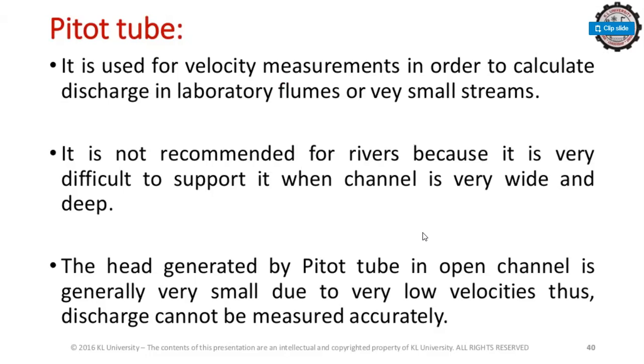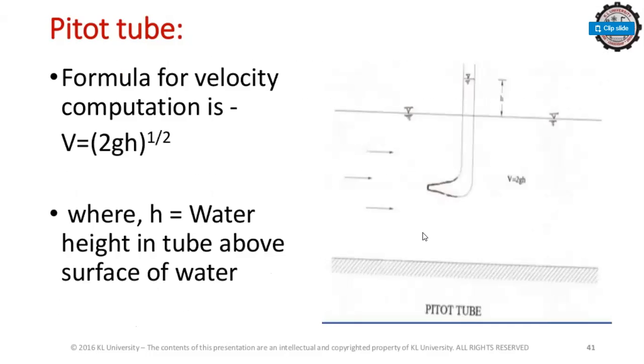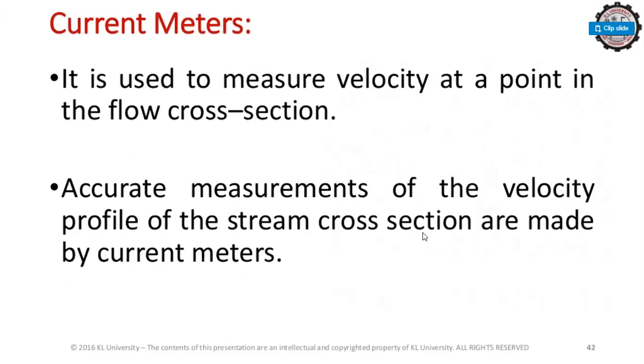The head generated by a Pitot tube in open channels is typically very small due to very low velocities. Thus, discharge cannot be measured accurately. Formula for velocity computation is V equals (2gH) to the power of half, where H is equal to water height in the tube above the surface of water.